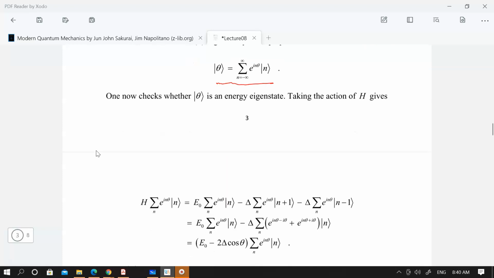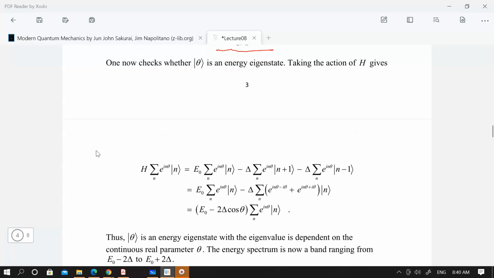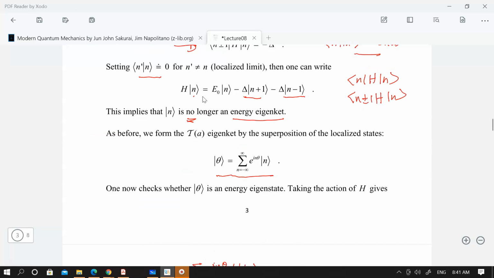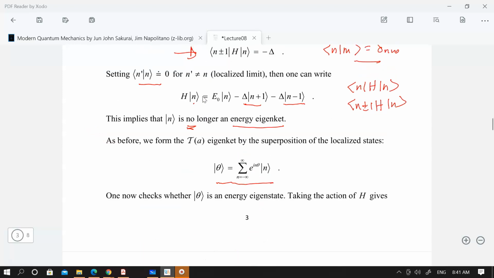And in fact, if you just apply H to theta, remember the terms that we had earlier, this will become the sum over n of e to the i n theta H n, and we know your H n from the previous action is given by that.